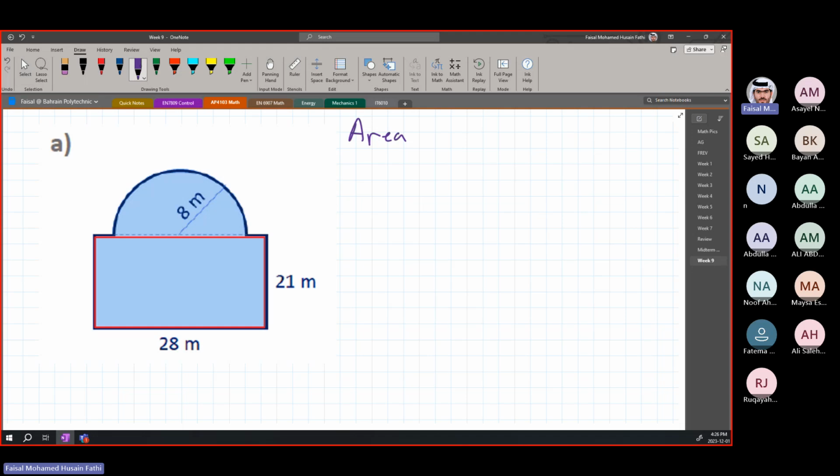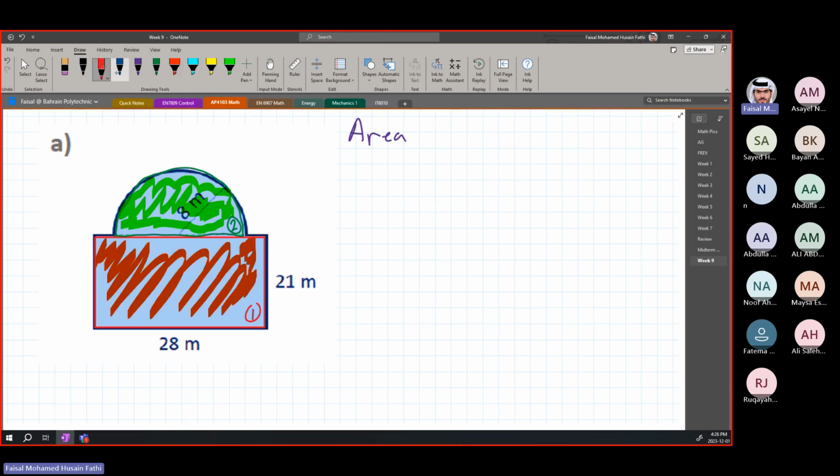And then the second part will be the semicircle at the top, so this part over here. Let's call this 2 and let's call this 1. And let's start solving. In other words, it's this shaded area, plus the shaded area of the bottom part of the rectangle.